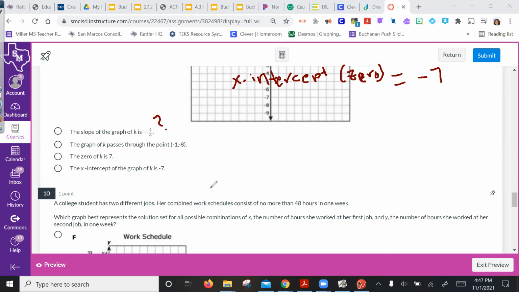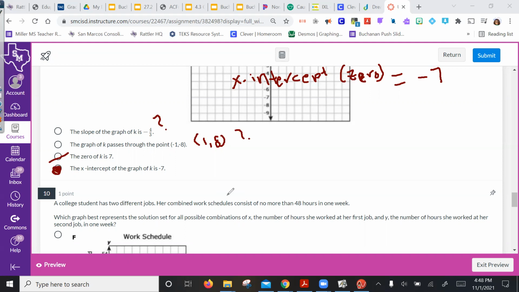The graph passes through negative 1, negative 8. Well, the points up there were 1, 8, so we don't know anything about negatives yet. The 0 is positive 7? This is a negative 7, so we can say no. The x-intercept is negative 7. That is correct. Based on that point, we know that the x-intercept is negative 7.